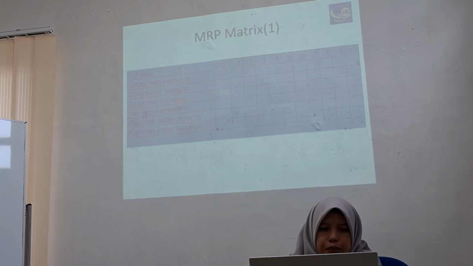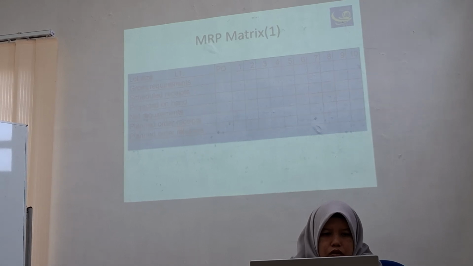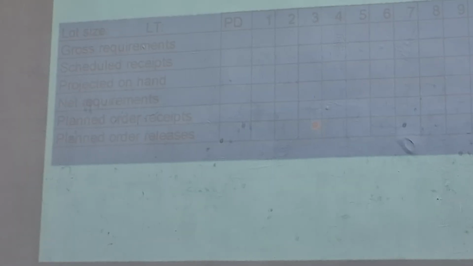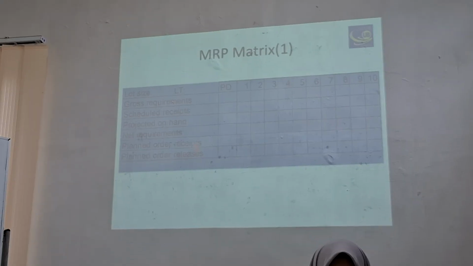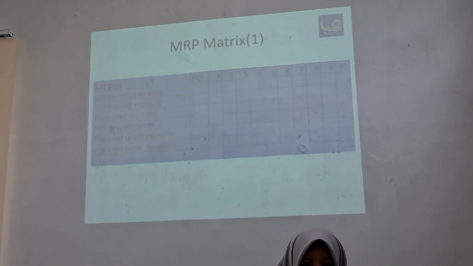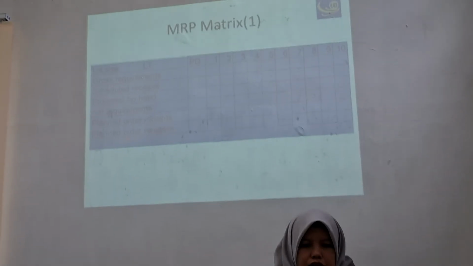Then there is the planned order receipt: the quantity of new orders the system plans to receive in that period to fulfill the net requirement. The last is the planned order release.